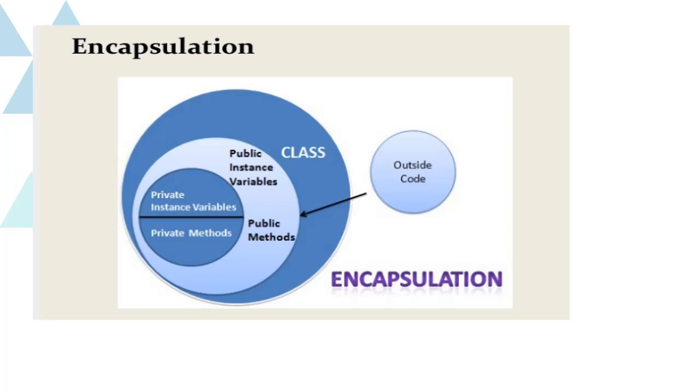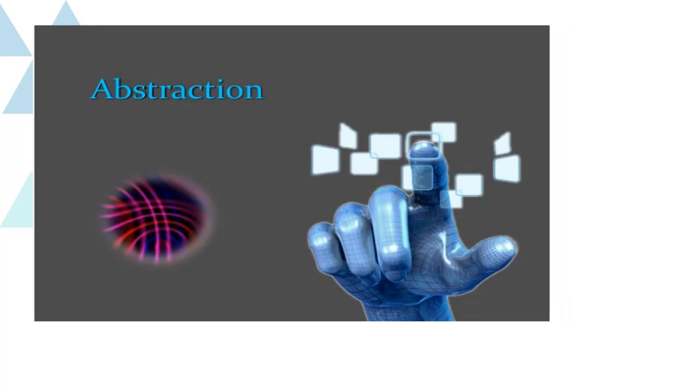So encapsulation means hiding the important features of a class which do not need to be exposed outside of the class, and exposing only the necessary things. Here, the hidden part of a class acts like encapsulation and the exposed part of a class acts like abstraction. Abstraction is the next property of an object-oriented programming language.